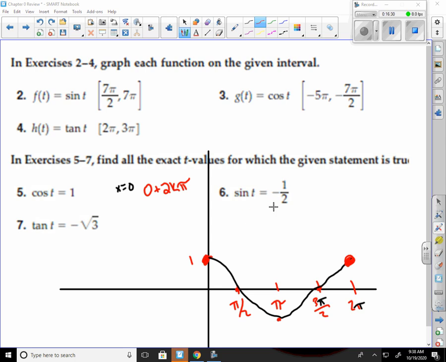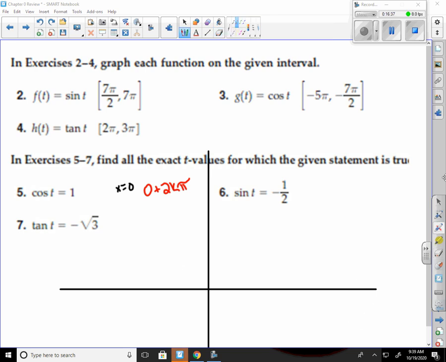When is the sine of t equal to -1/2? If I look at my sine function, it starts at 0, then at pi over 2 we're up to 1, then we're back down to 0, then at -1, then back up to 0.